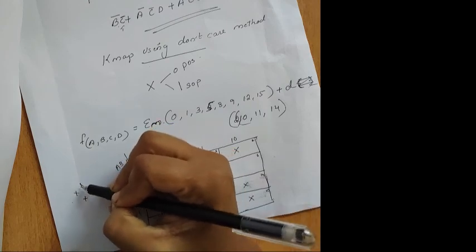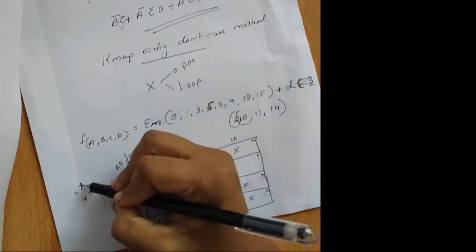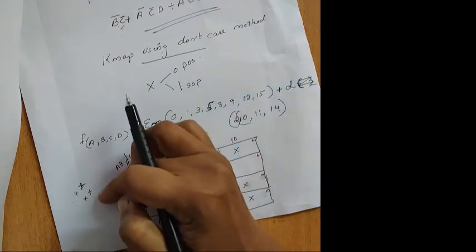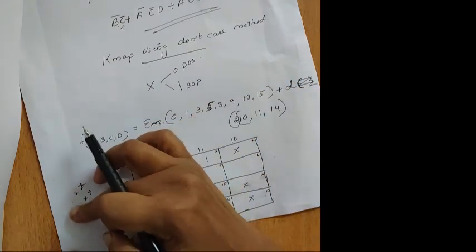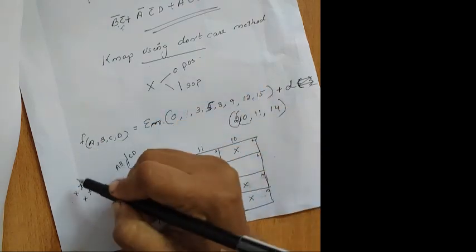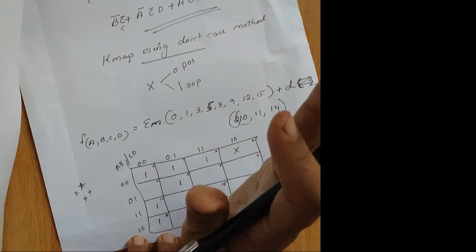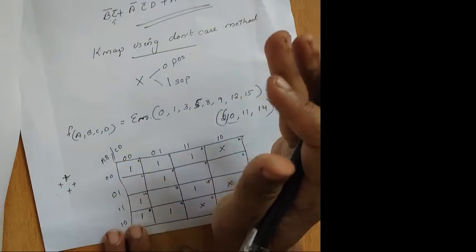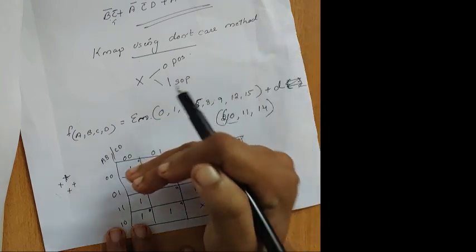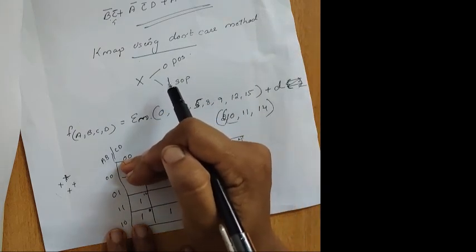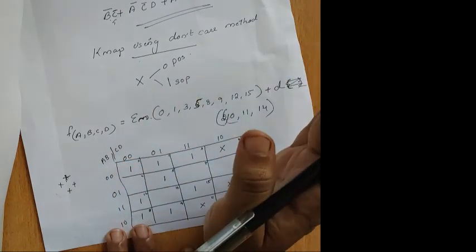If you don't have a 1 and only have X, don't go for this grouping. Don't care is used only for minimization; otherwise you can skip it.